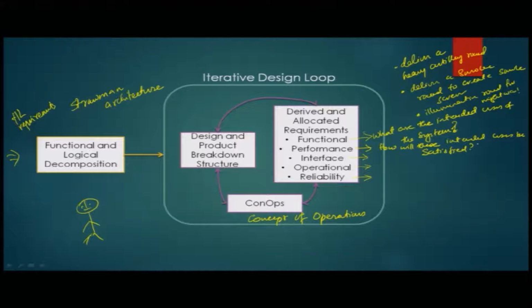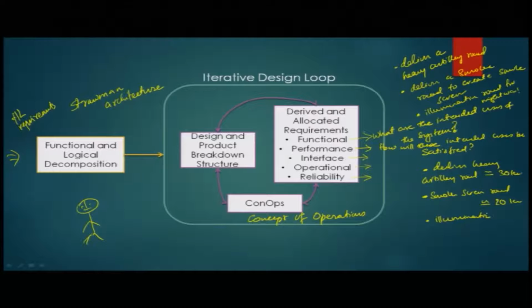So, one of the things that we might do is that the system might deliver a heavy artillery round to a distance of approximately 30 kilometers, and the smoke screen round might only deliver up to 20 kilometers, whereas an illumination round might only require up to 5 kilometers.